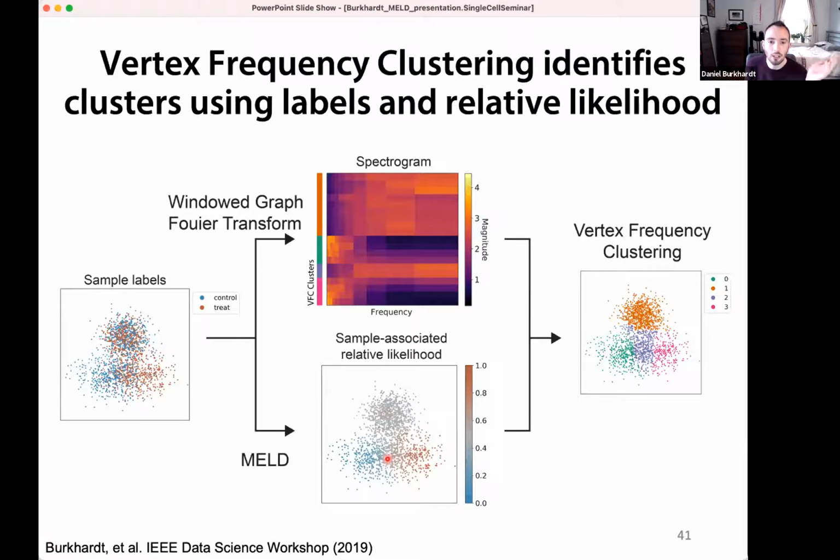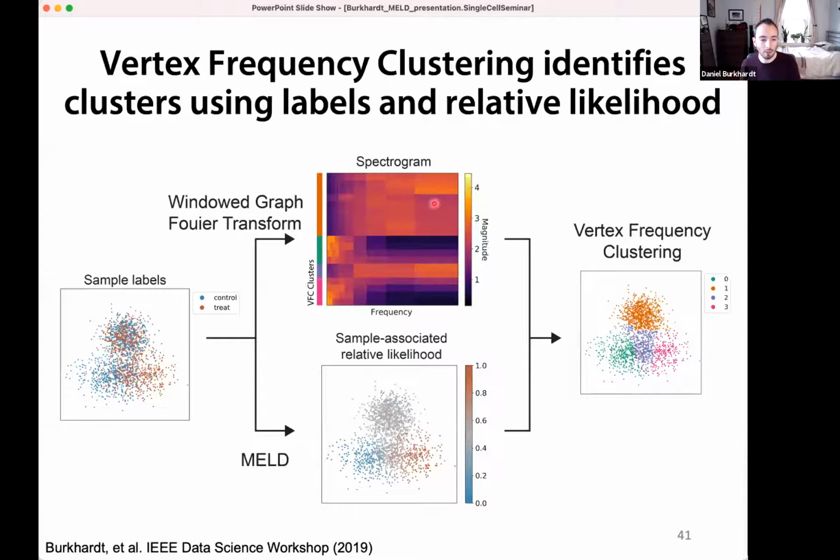You're equally likely to see them in either condition because they're either an intermediate state or they're completely unaffected. But you might want to know, for example, is a cell actually unaffected, or is it halfway in this intermediate state? The way that we can do this is to look at some spectral properties of the sample labels over the data set using a tool called the windowed graph Fourier transform.